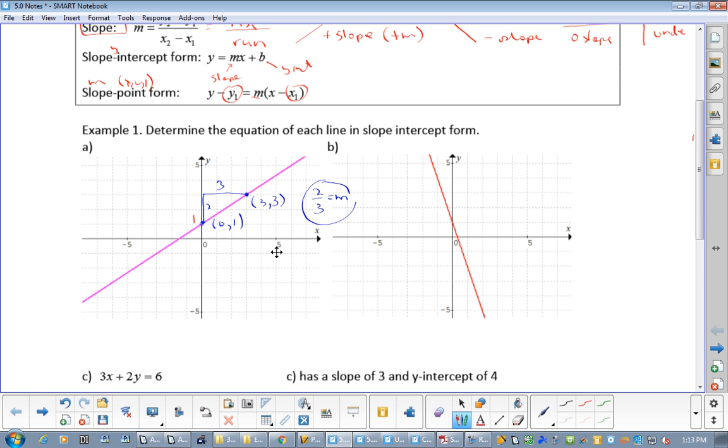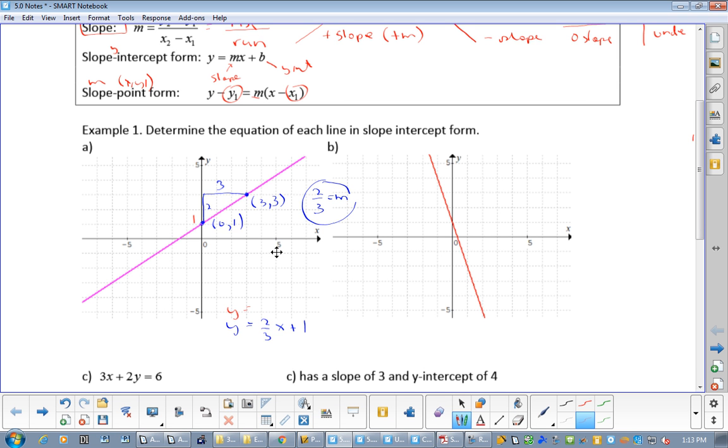Okay, so my equation would be y equals mx plus b. M is 2/3, x plus 1, right? And I'm just going to write the equation above.